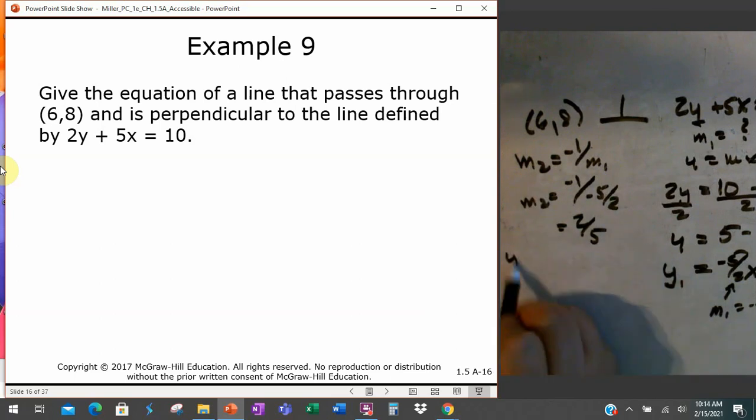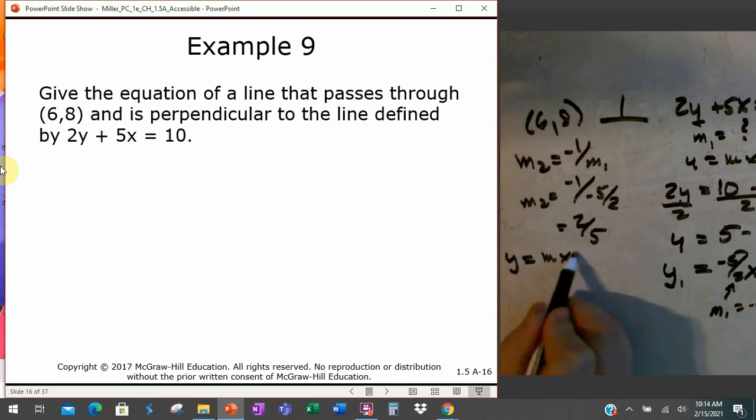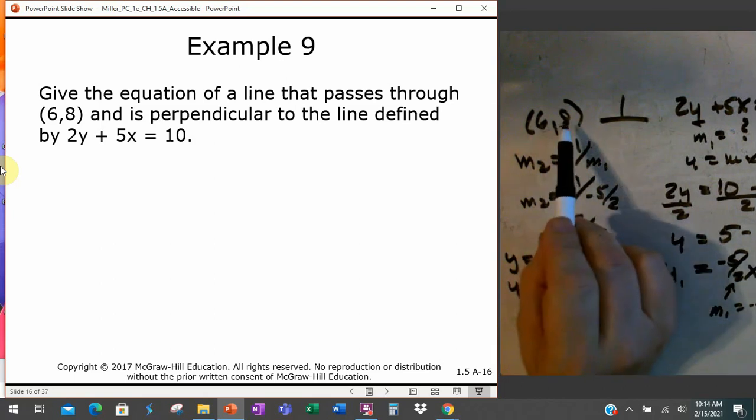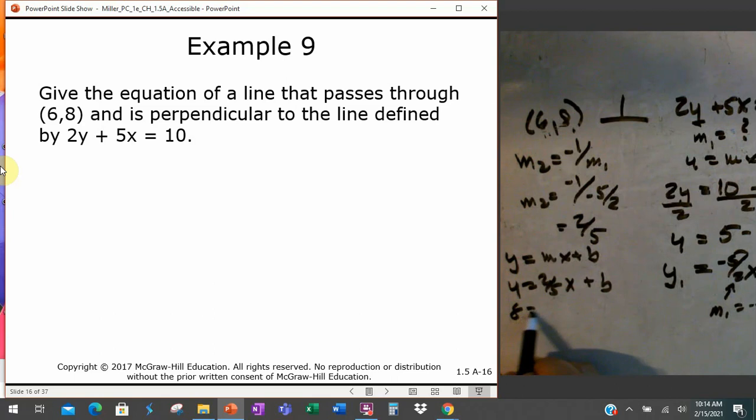Okay, so I know y = mx + b. This is now going to be my 2/5, and it has to go through here. So here's my x, y: 8 = 2/5 (6) + b.